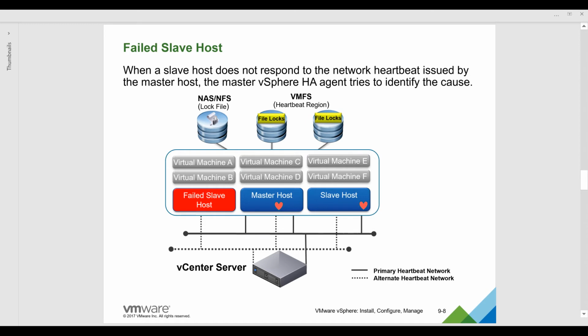It'll send an alternate network heartbeat. As we said in lesson 1, having redundant network heartbeats will help in this. If we can't communicate on one network, maybe that network's down, let's try another one. If we can't get to either one of them, let's look at the data stores as a means. What it's trying to do is communicate with the other host any way it can.